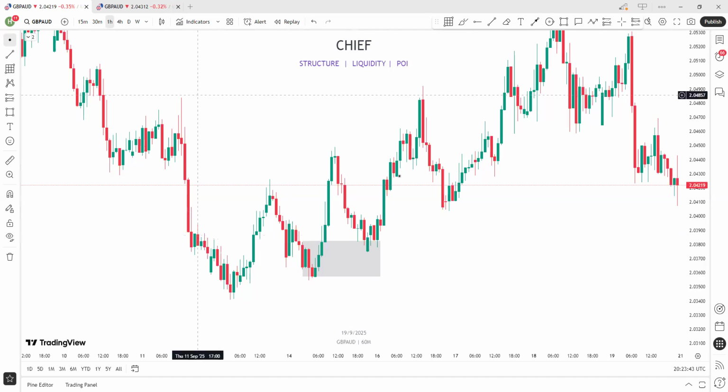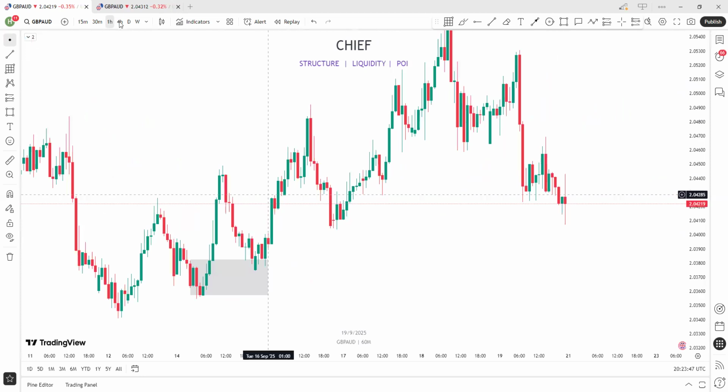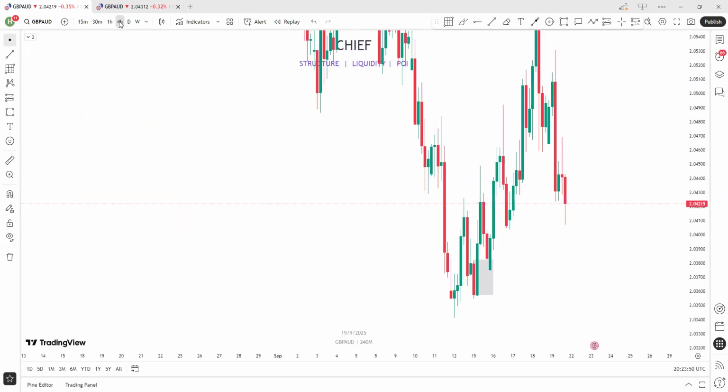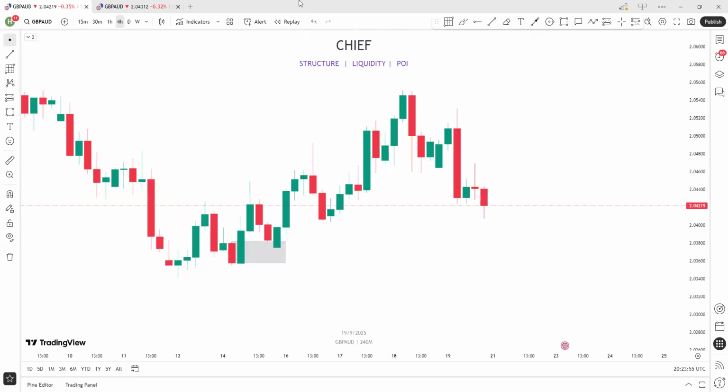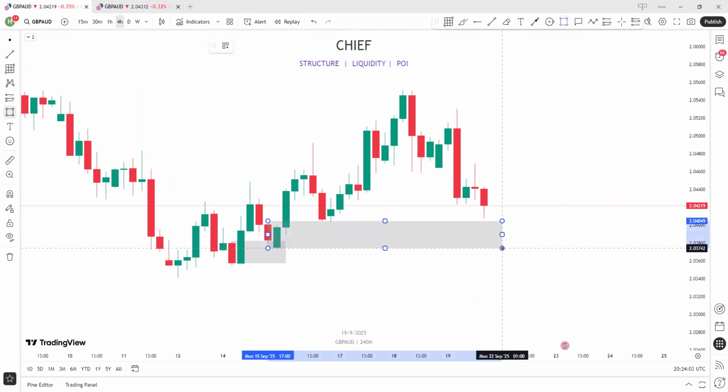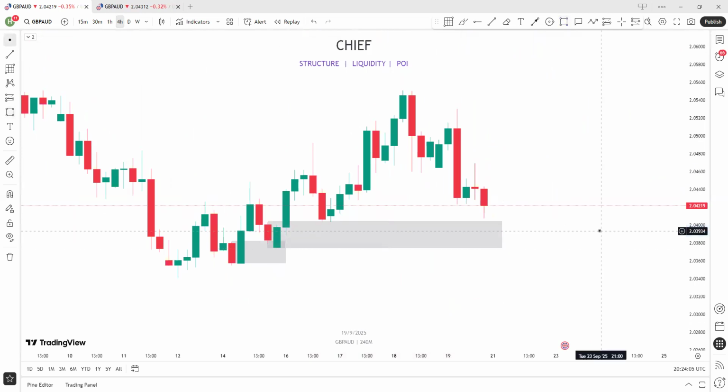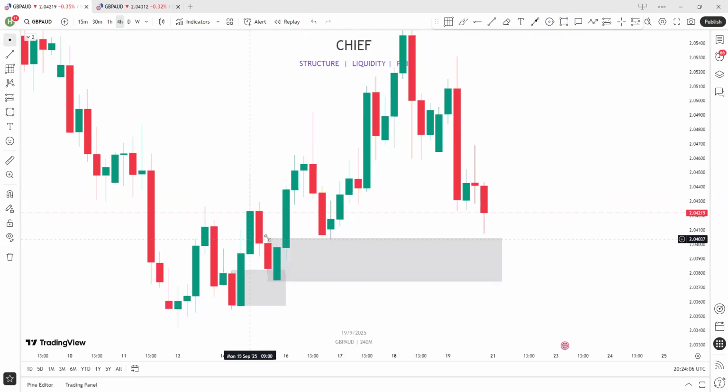So we've seen a couple of breaks of structure here, and price has been giving very clear mitigation. The only unmitigated zone now is this one, and we have liquidity very, very close to it.